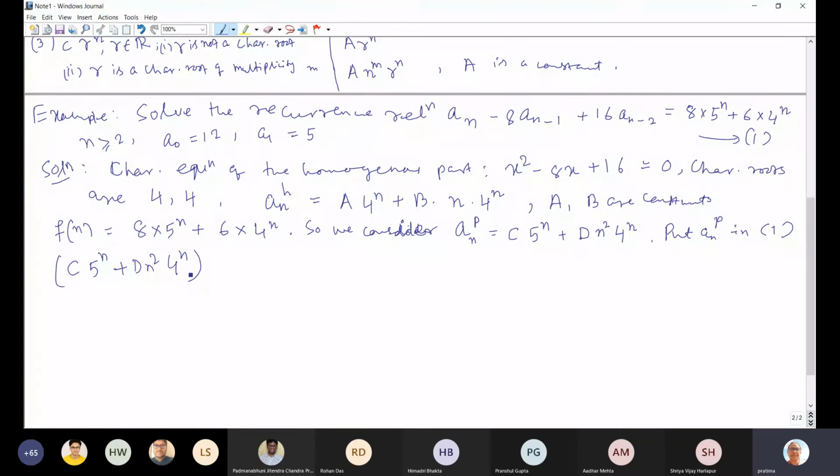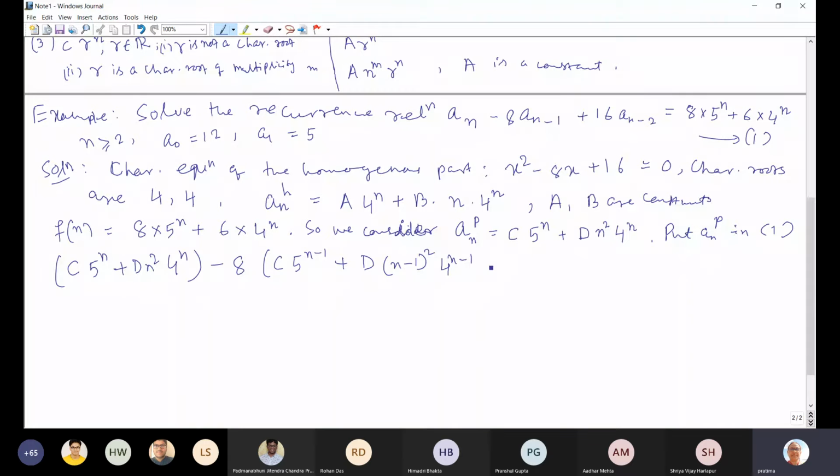Then minus 8 times a_{n-1}, that is C 5 to the power n minus 1 plus D (n minus 1) whole squared into 4 to the power n minus 1.